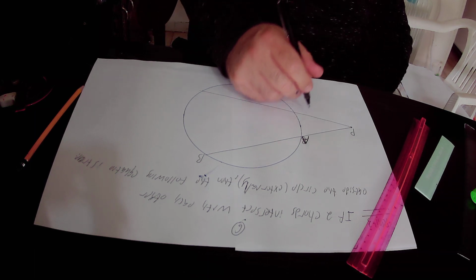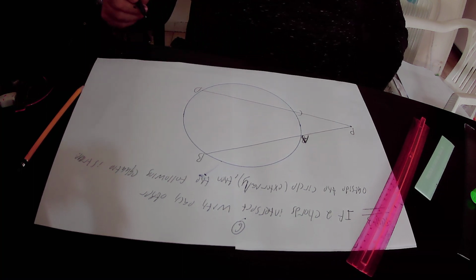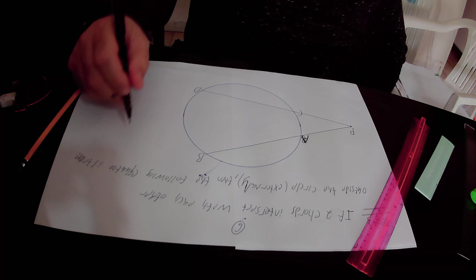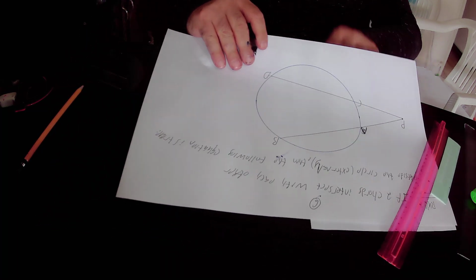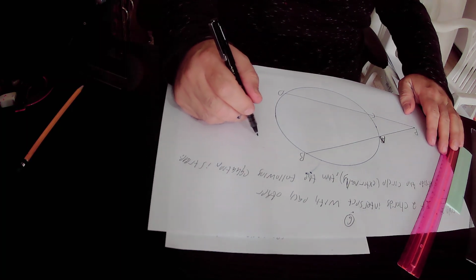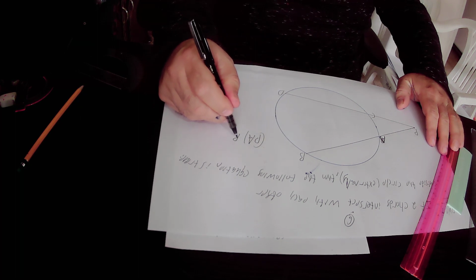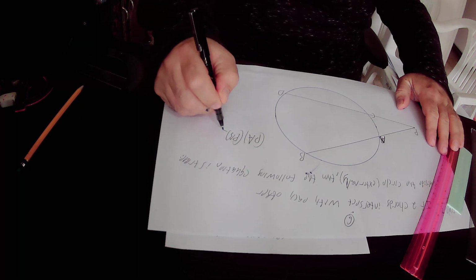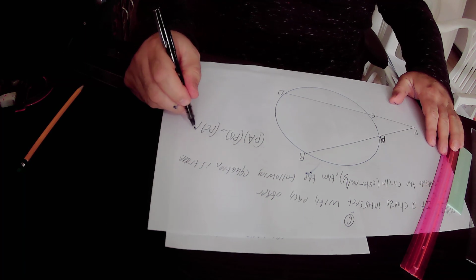So this point is point C, and this point is point D. Then the following formula or equation is true, that PA times PB equals PC times PD.